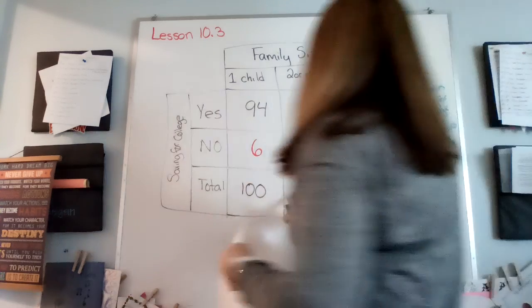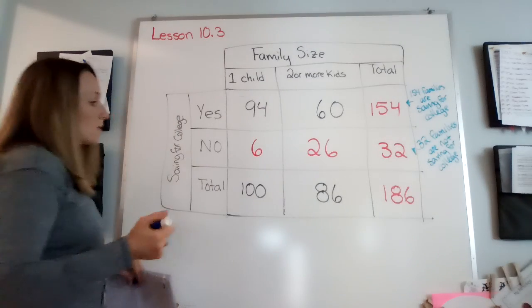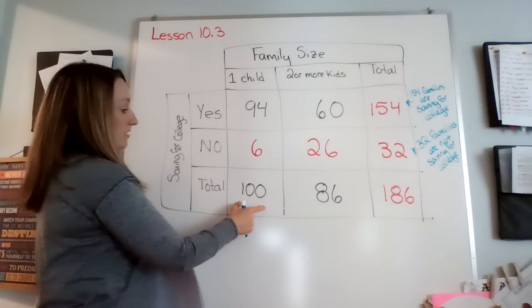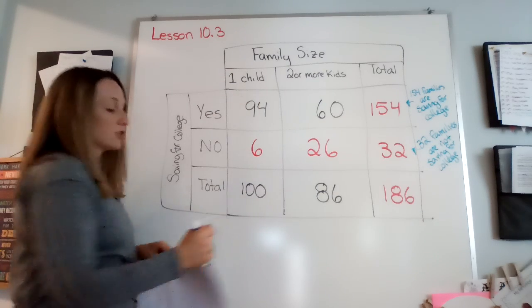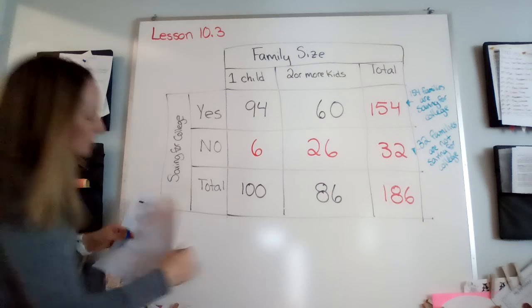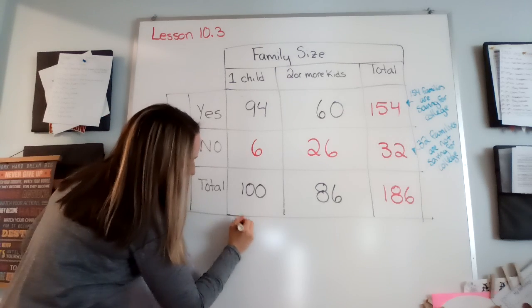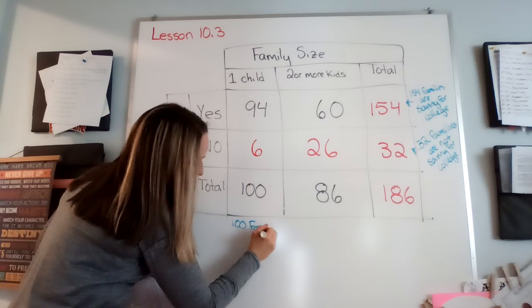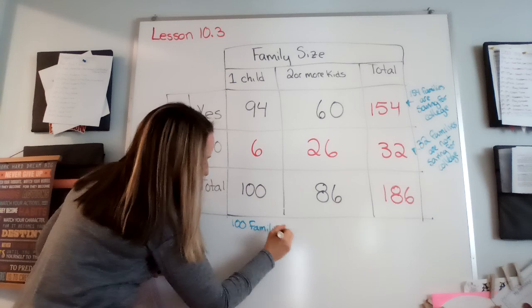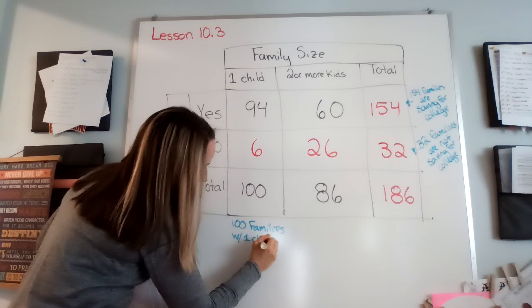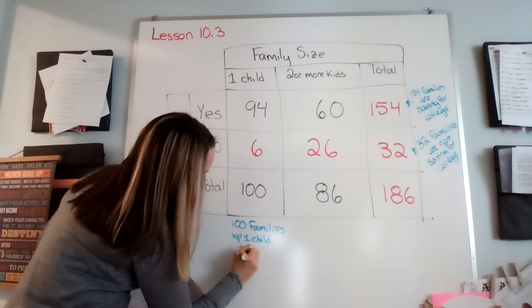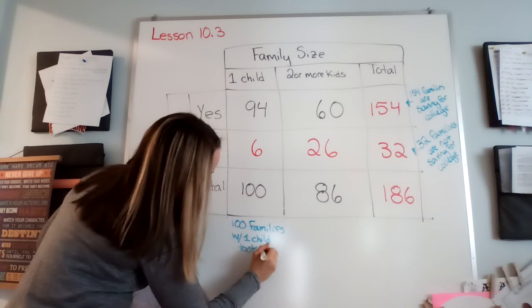All right, and then what do these marginal frequencies mean? Those totals mean? So 100, what's 100 represent? That's 100 families that have one child that took the survey. So 100 families with one child took survey.